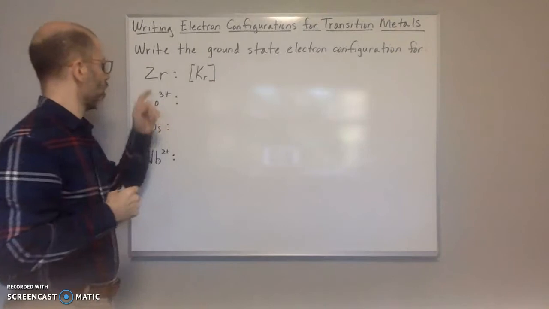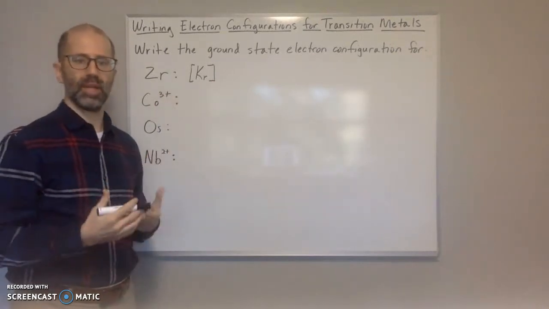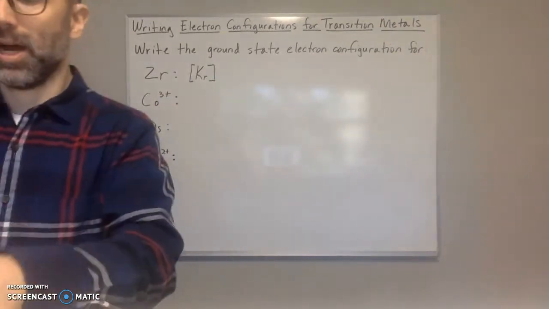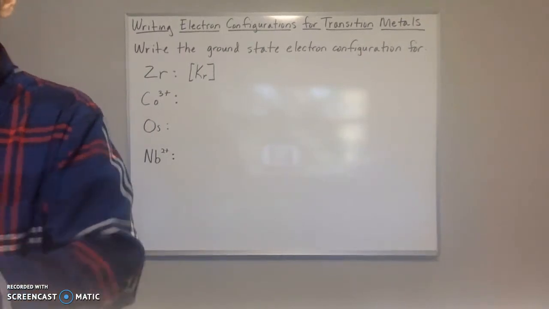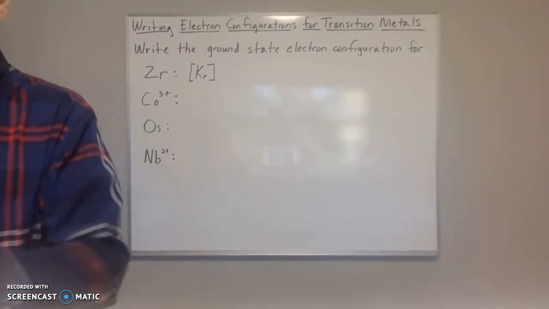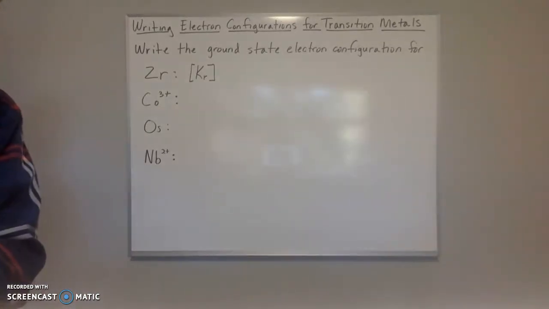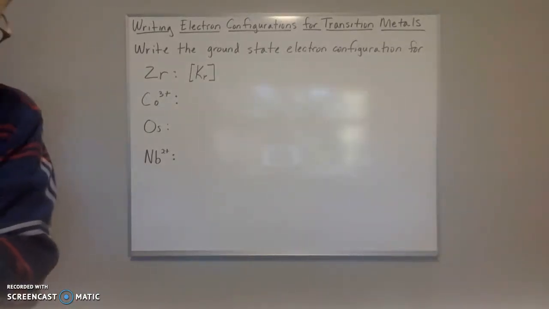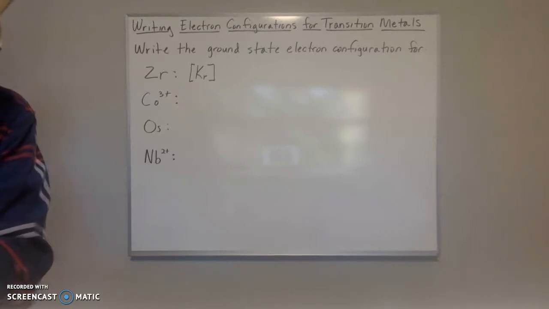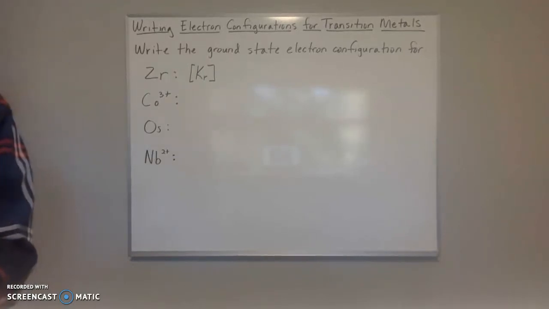And then we're going to look to see what sublevels are used for this element in their electron configuration. Zr is number 40 in the periodic table, so it's going to use the S and the D sublevel.